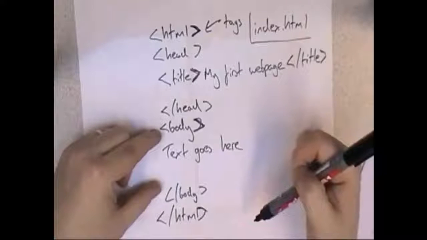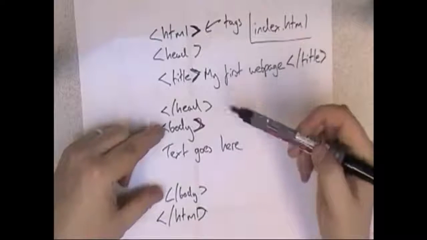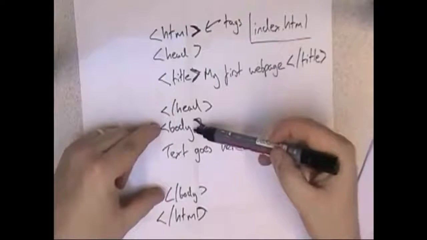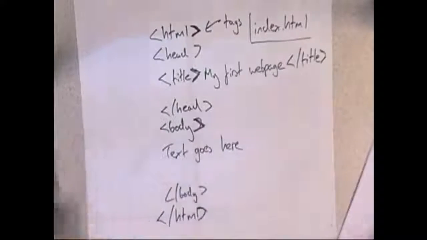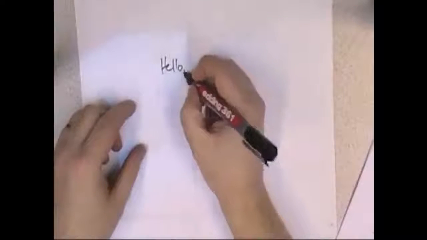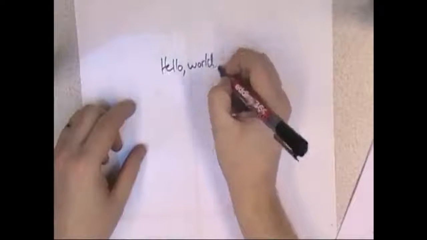Now, for the rest of this video, I'm going to concentrate largely on what goes between body and slash body. So I'll wipe all this off, and we'll assume that everything for now goes between body and slash body, and the various things we can do. We can write text. We can write hello world, which is the typical programmer's way to start something off.